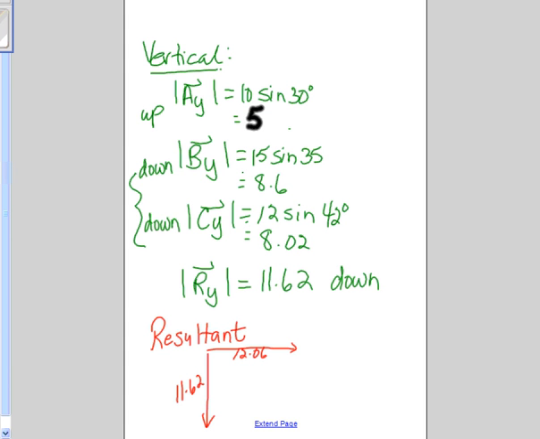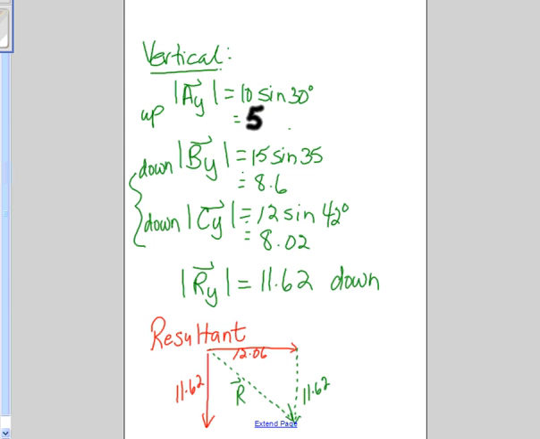So my resultant, I'm going to take one so it's tip to tail and move it. The resultant is there.